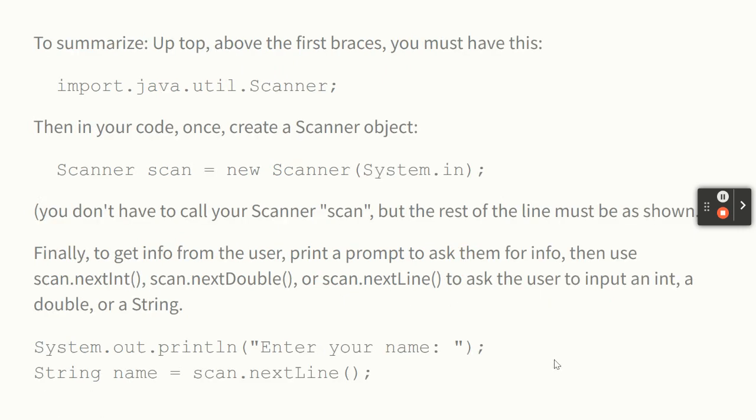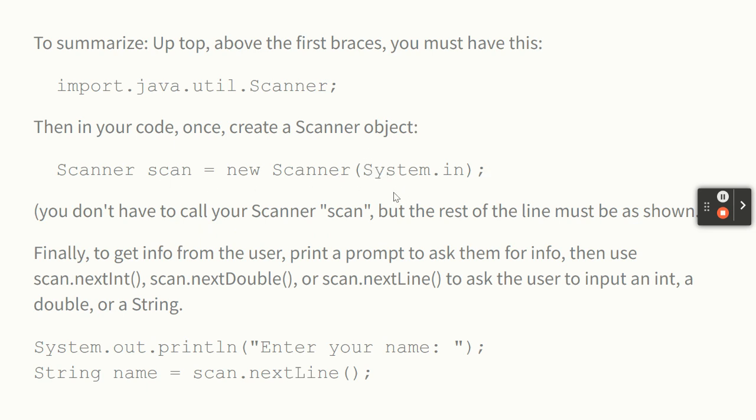But to summarize, up top above the first braces, before it says class Main, you would say import java.util.Scanner. And don't worry, you'll have the slide deck. Then inside your code, just once before you start trying to get data from the user, you make a scanner object. And I don't care what you name it, but often you name it scan because that's easy to read. The rest of the line has to be like it is.